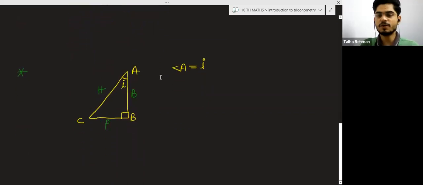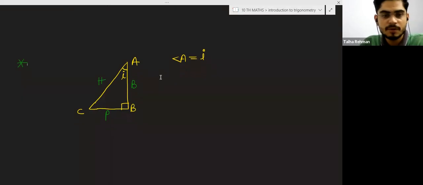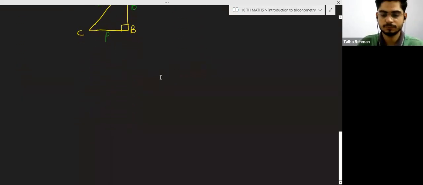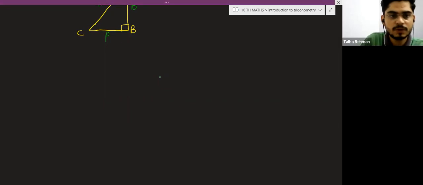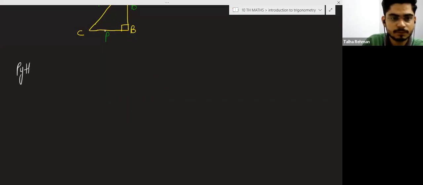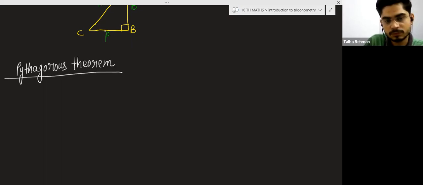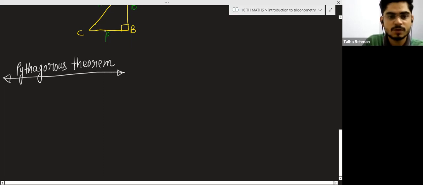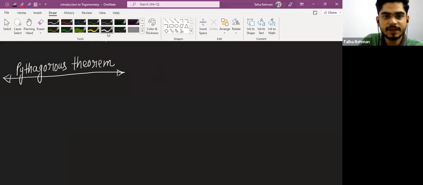So for the study of trigonometry, we should know about the triangle and its properties. Now I will discuss the Pythagoras theorem. Pythagoras theorem is applicable in a right angle triangle.